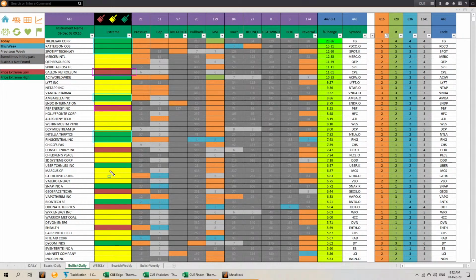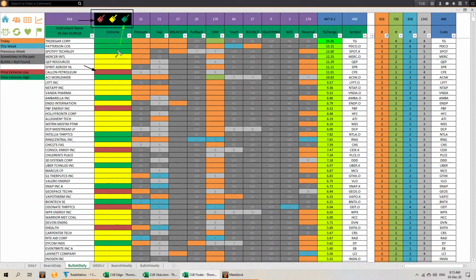If you are a momentum trader, meaning you are focusing on stocks that have started to move up from the low point, however not reached the high point yet, then you may focus on price extreme middle. And to make it easier to focus on a particular category of price extreme stocks, you may use these paintbrushes. The red paintbrush will select only the price extreme low stocks.